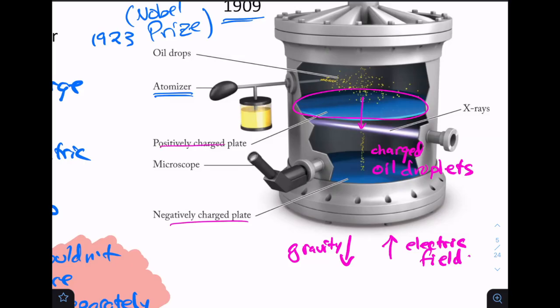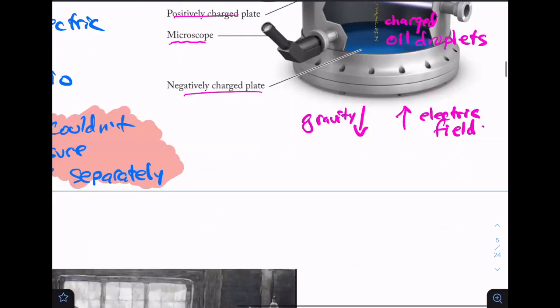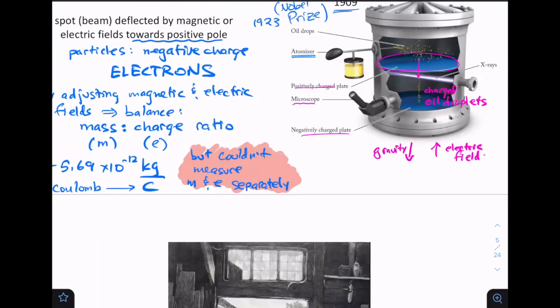Here's the positively charged plate. He can then look with the microscope and make that adjustment on the electric field to perfectly counterbalance the force of gravity and basically suspend these oil droplets in midair. And by changing it more, you can actually have it go against the force of gravity. In doing this, Millikan was actually able to separate out the charge value from the mass to charge ratio.